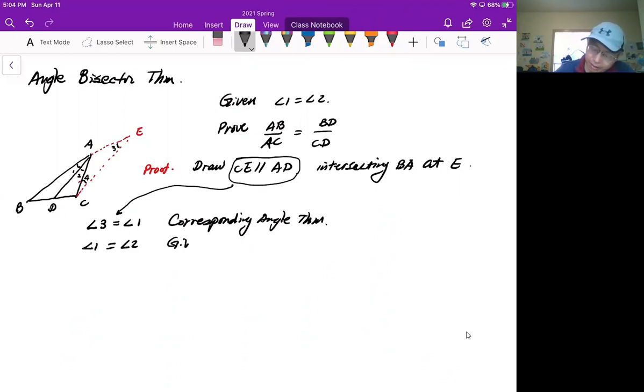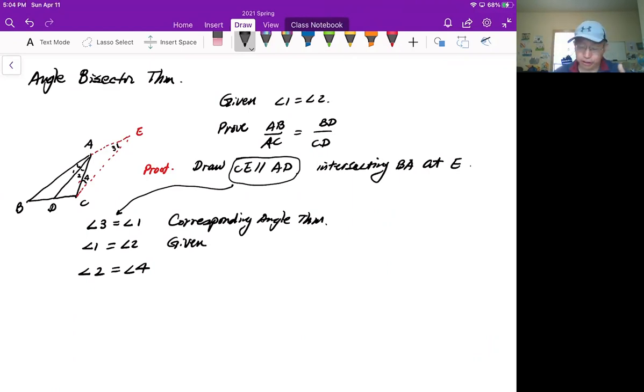Very good. And now angle 1 is equal to angle 2. This is given, my condition, just because of the angle bisector. And then I'm going to write angle 2 is equal to angle 4. Why are angle 2 and angle 4 congruent?